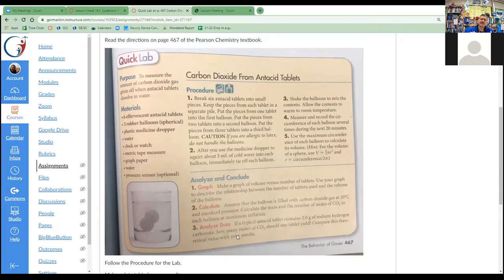Then we're going to give you the chance to do the rest of this stuff, but it says use the maximum circumference of each balloon to calculate its volume. So measure it at its widest, where it looks like the round with the biggest circumference.